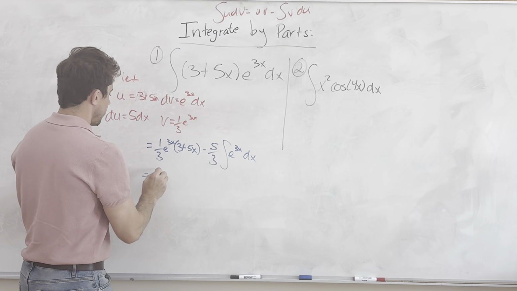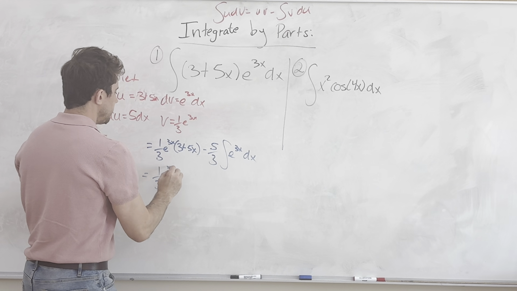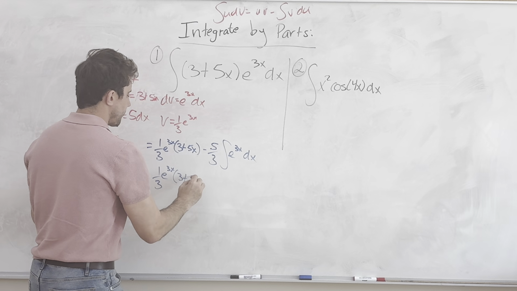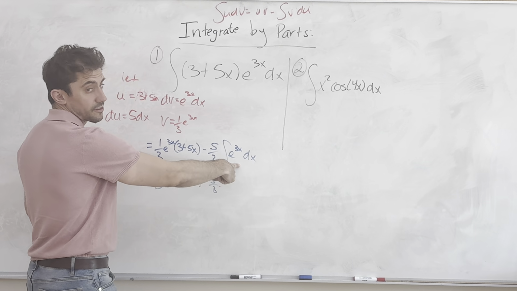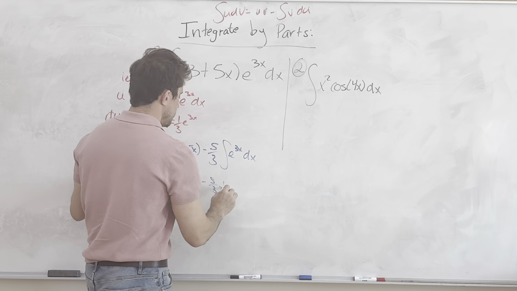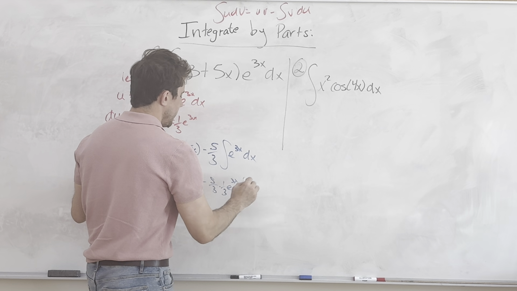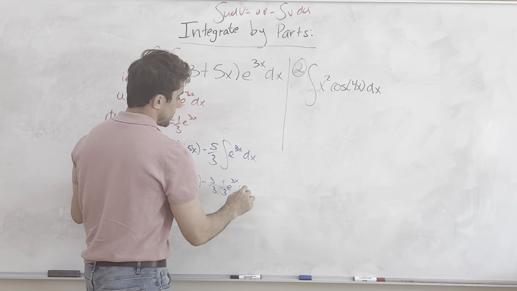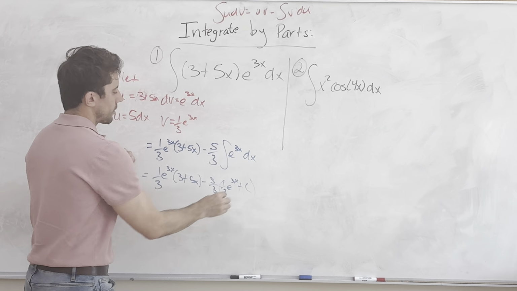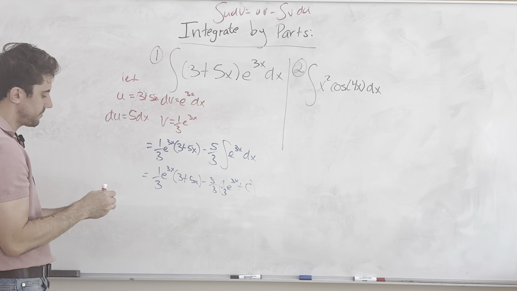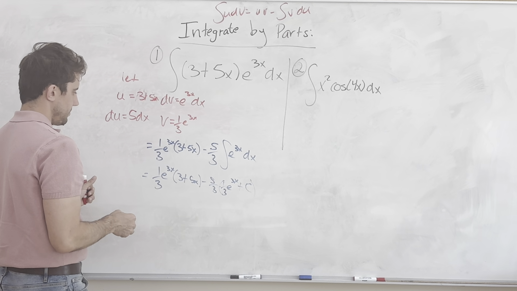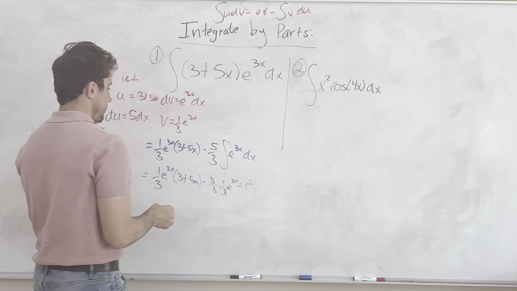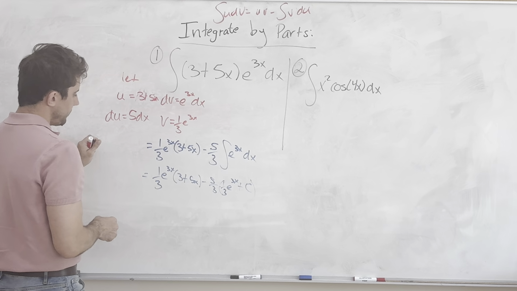And so our final product is going to be 1/3 e to the 3x times 3 plus 5x, minus 5/3 times the integral, and anti-differentiating gives 1/3 e to the 3x. I guess we could do plus c for a constant of integration. Good habit to build. What could we do? We could even factor.